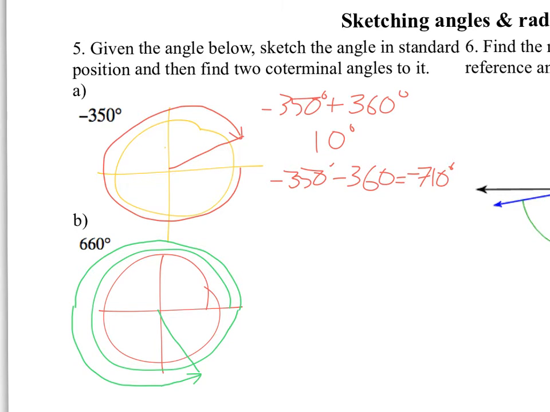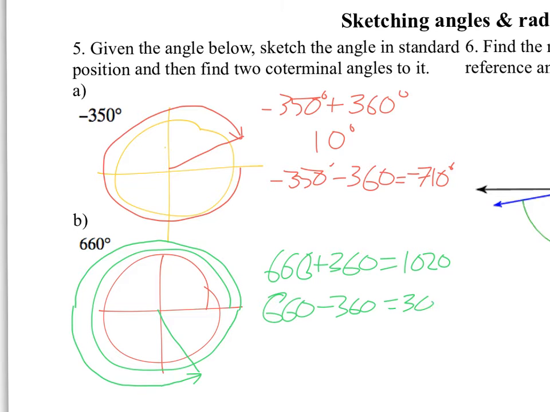Okay, 660 plus 360 is going to be 1020. And 660 minus 360 is going to be 300 degrees. Those are two coterminal angles to 660.